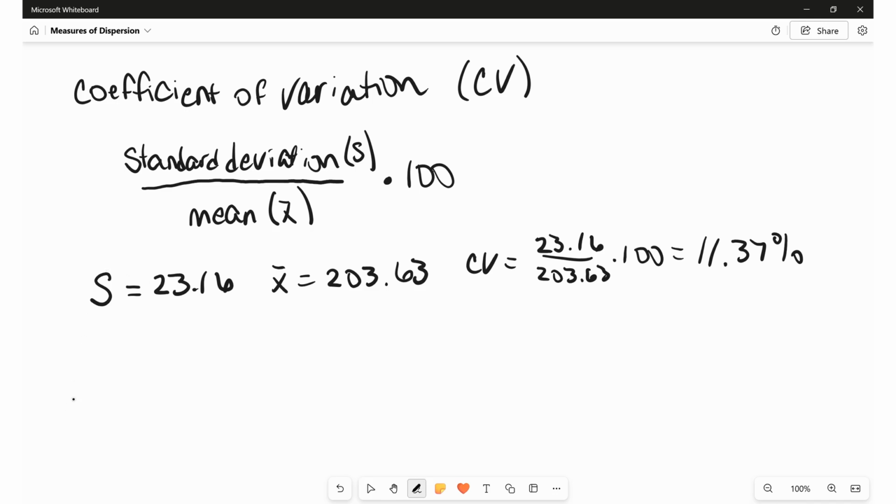So let's say that we have another stock that we're looking at, and this one has a standard deviation of $3.70.